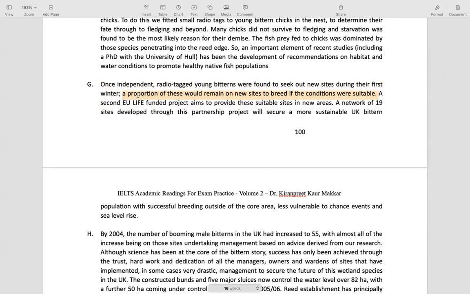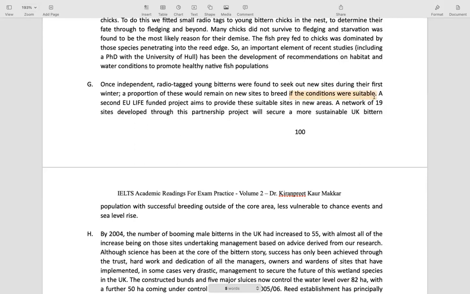Some number of these, a percentage. A portion means a share of them, not all of them, but some of them. Some of them remain on the new site, if the conditions are suitable.